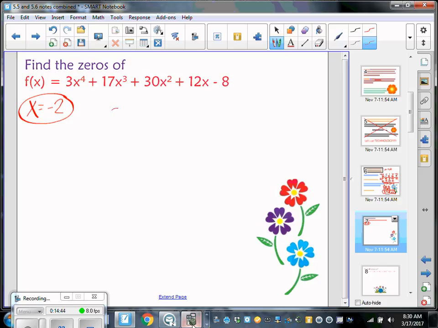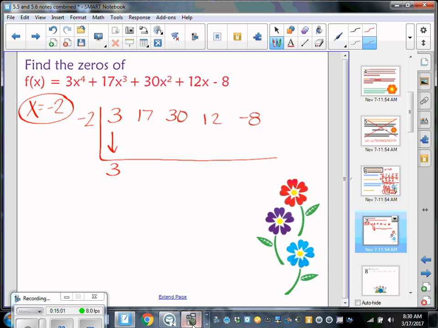So fill out our synthetic. We have 3, 17, 30, 12, -8. I'm going to use -2. I'm going to drop that first number down.